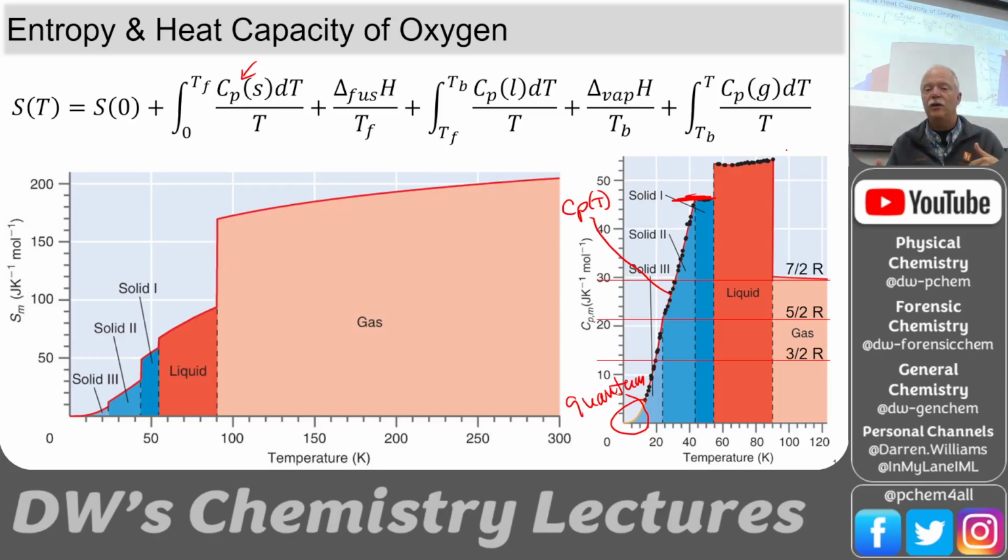Now, what happens when we go to gas? It really drops. And it drops because we lose a lot of those other things that can happen in the liquid, these sort of sliding past each other and all of that. Those are active vibrations in the liquid that disappear when we go to the gas. And in oxygen, it's just a diatomic molecule. So when we go to the gas, we have translation, rotation, and vibration, and that's it.